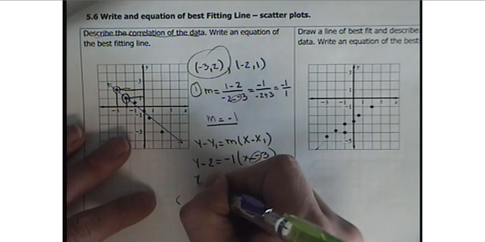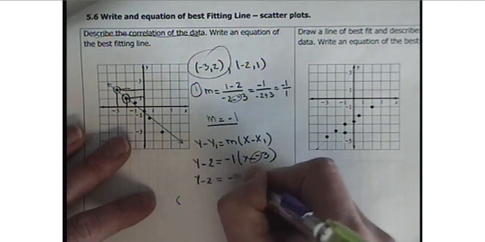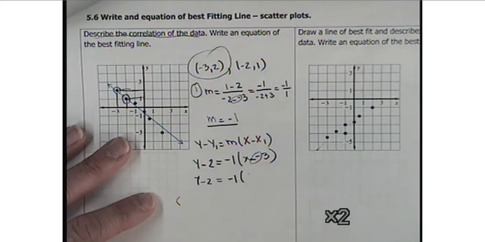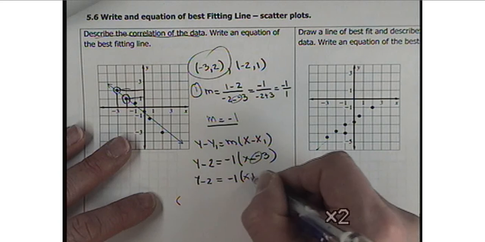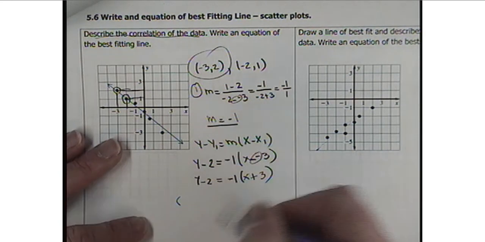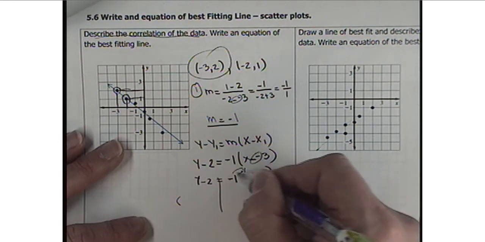Once you substitute the coordinates, again pay attention to the 2 negative signs. So y minus 2 is equal to -1 times... oops, sorry about that, I pressed the button. Okay, we're back. So those 2 negatives will be x plus 3. Then we're going to apply the distributive property.